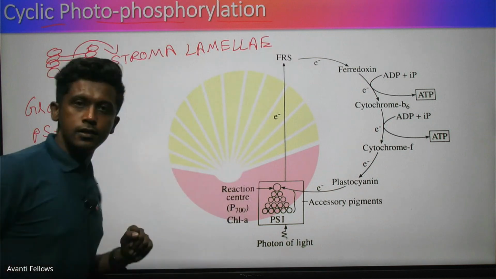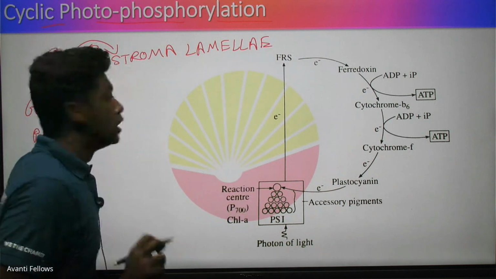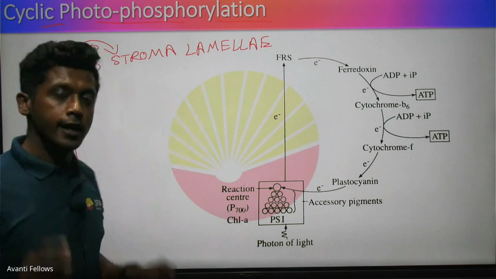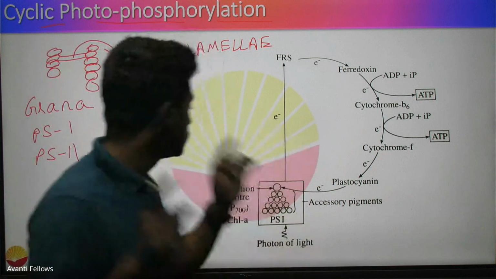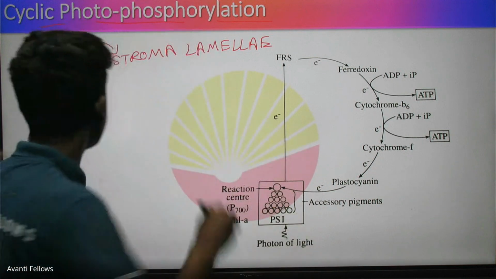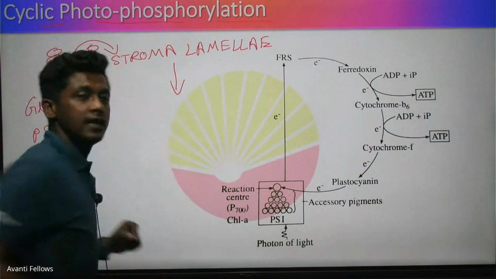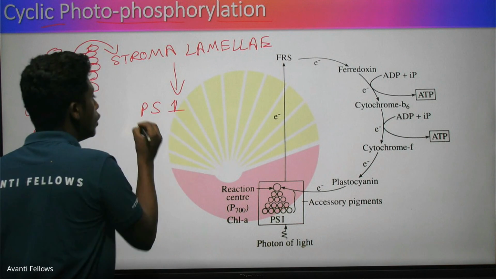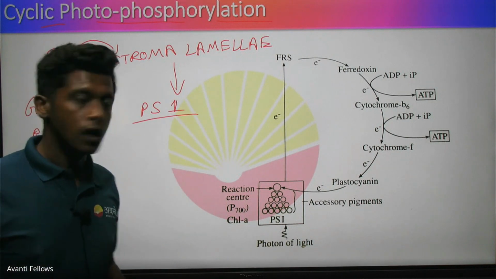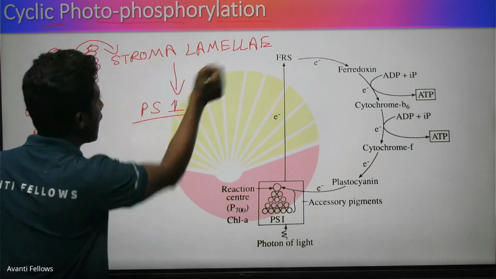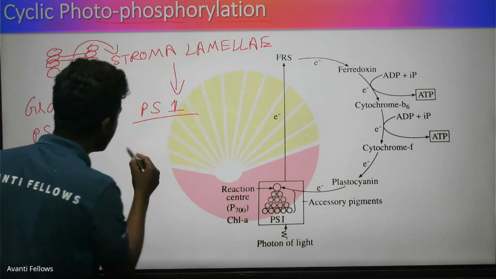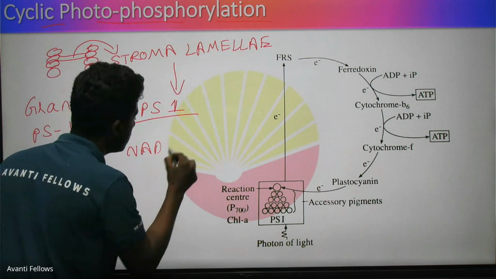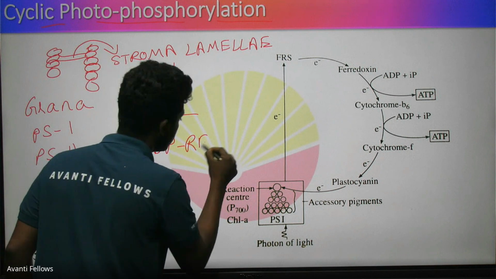Correct? This stroma lamellae has only one photosystem. Which photosystem is present in the stroma lamellae? Only PS1, not PS2. Understood? Another thing that is absent in the stroma lamellae is the NADP reductase.